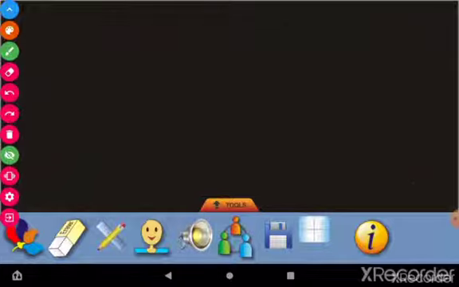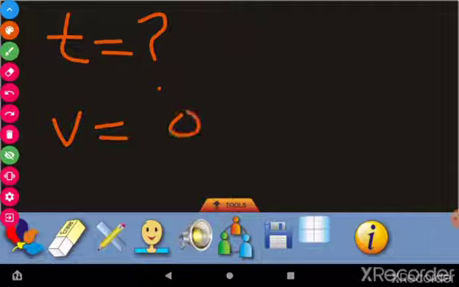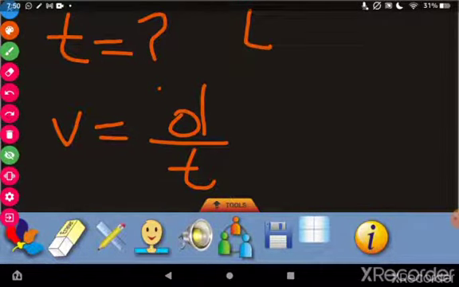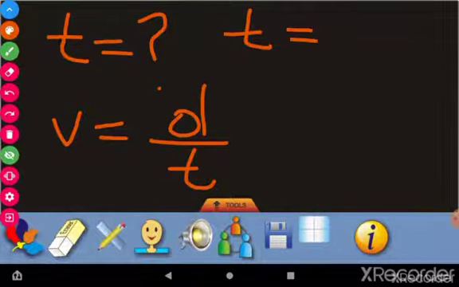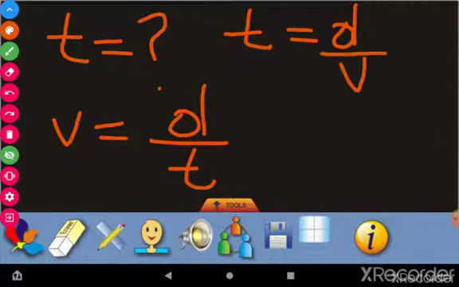So in order to find the total time for its travel, we need to write down a formula. So we know that speed is equal to what? Speed, in this case we're going to use v instead of s, is equal to the total distance divided by the total time. If we want to find the time, it is going to be equal to the total distance traveled divided by its speed.